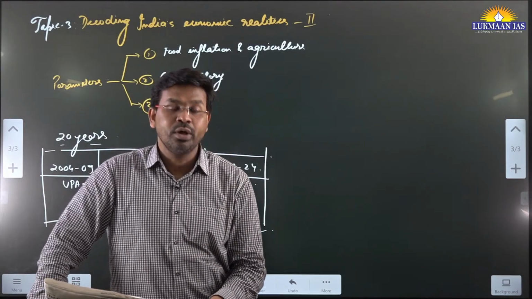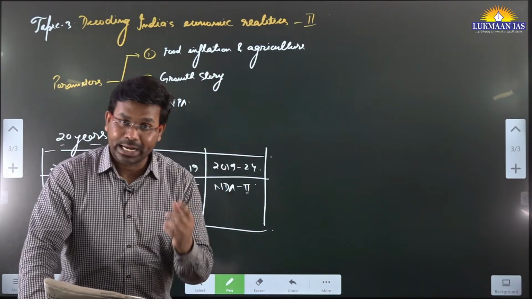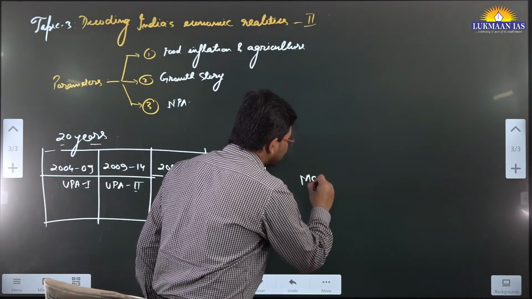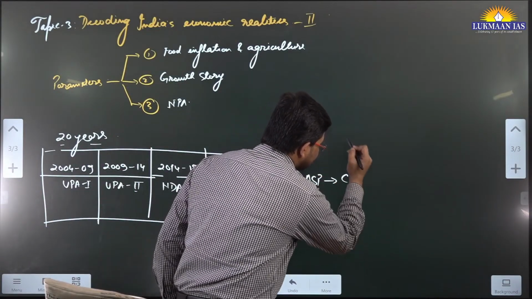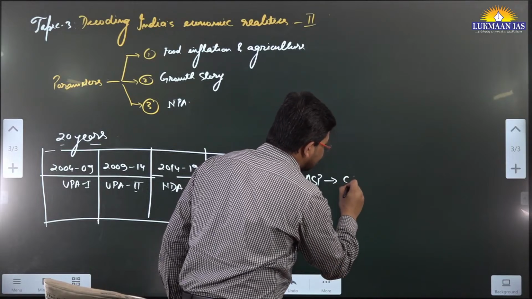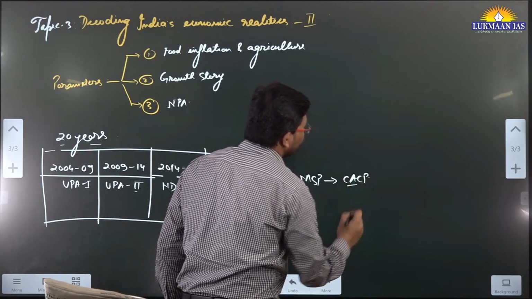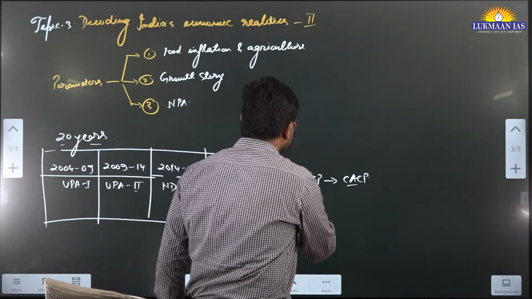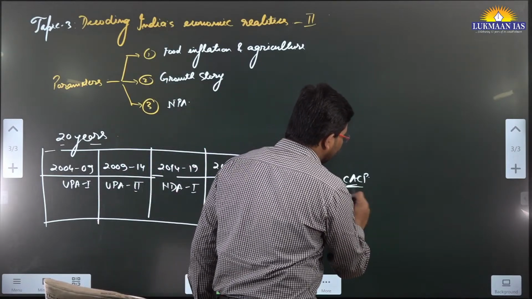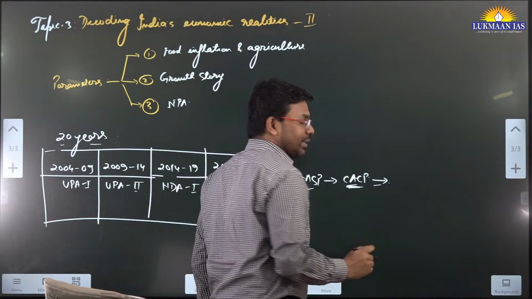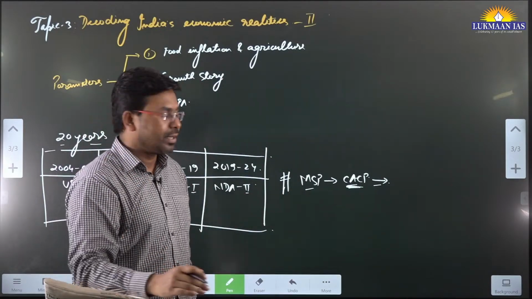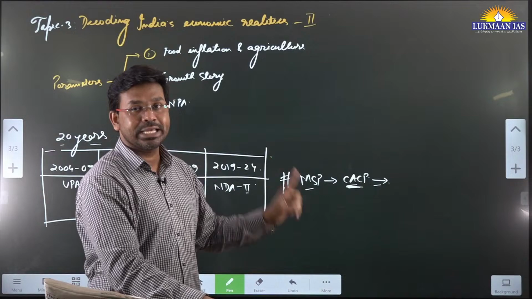So as of now, when we talk about the minimum support price, MSP, it is calculated by CACP, the Commission on Agriculture Costs and Prices, and after it is calculated, finally, under the Ministry of Finance, there is a designated person who announces the MSP.